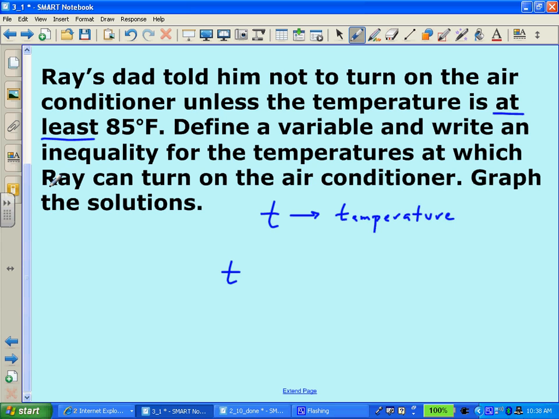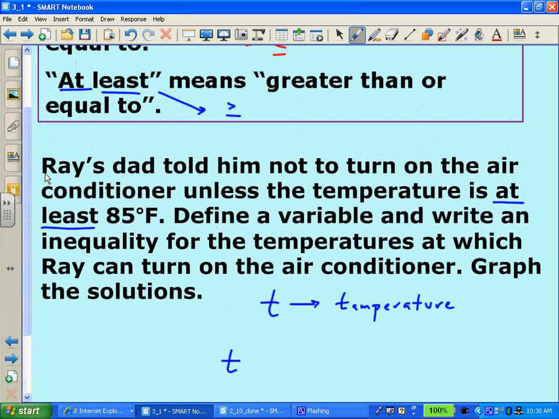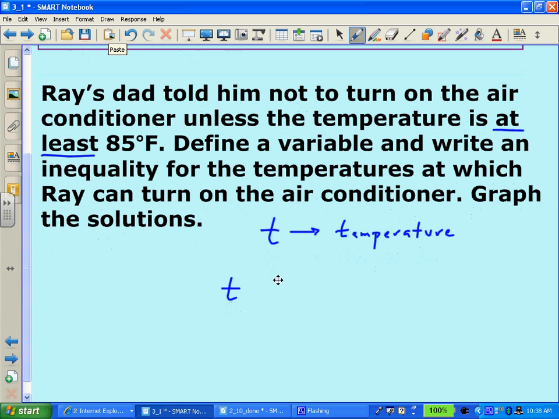Now t, the temperature, has to be at least 85. Now in that table I just showed you, I told you that if you see at least, it means greater than or equal to. So we know that t has to be greater than or equal to 85 for Ray to turn on the air conditioner. And then the last thing we have to do is graph this. So if I draw myself a number line, remember I got to put 5 numbers on there.